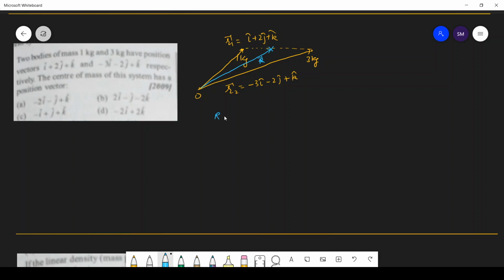So the formula for the center of mass, capital R, is given by (m1 r1 + m2 r2) divided by (m1 + m2).